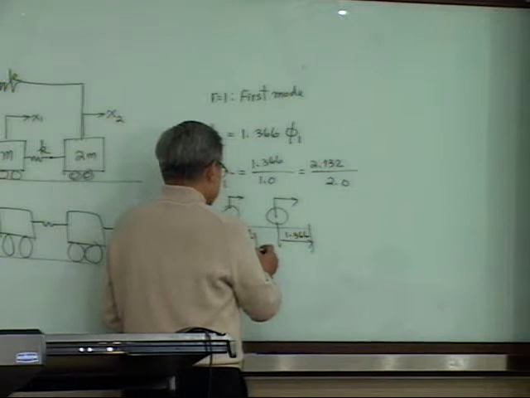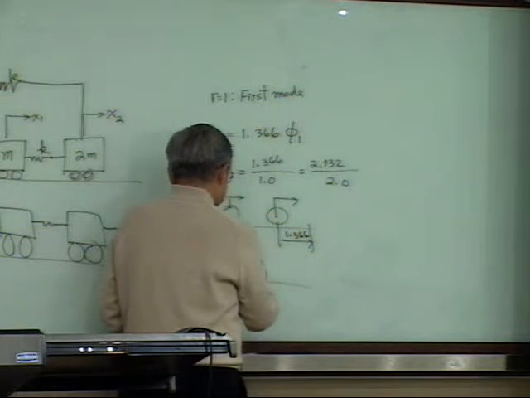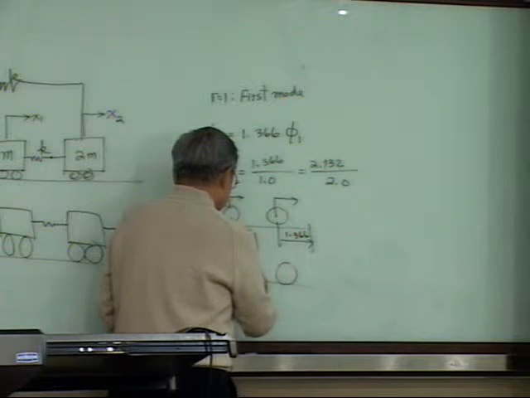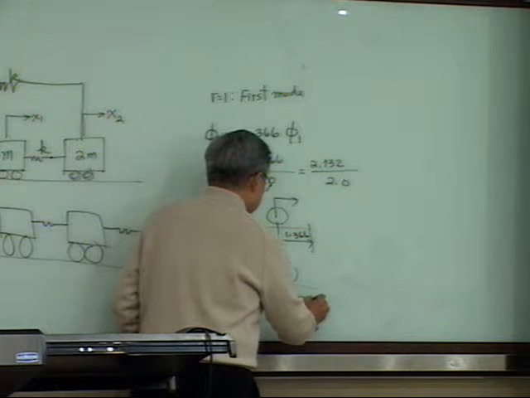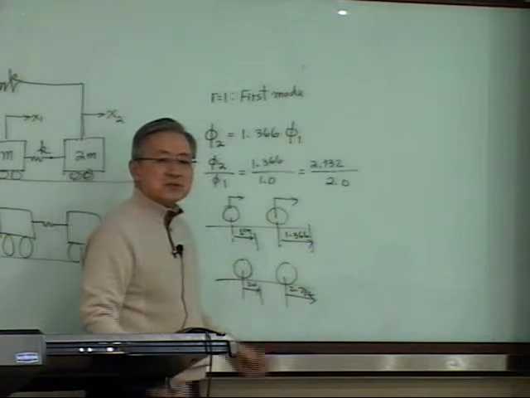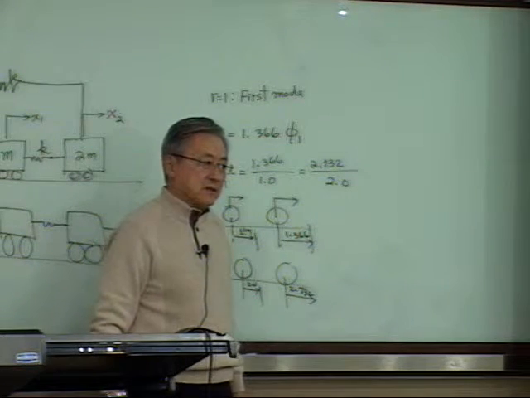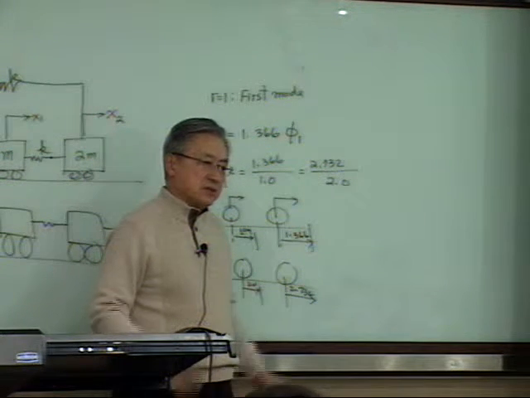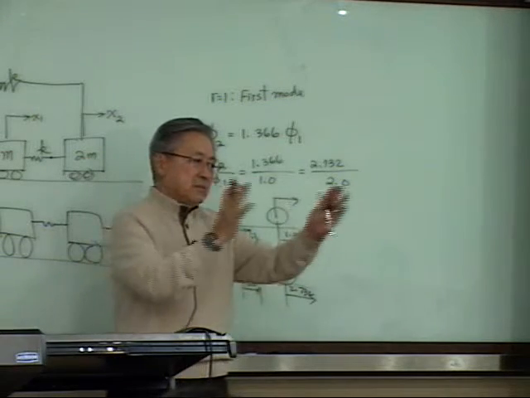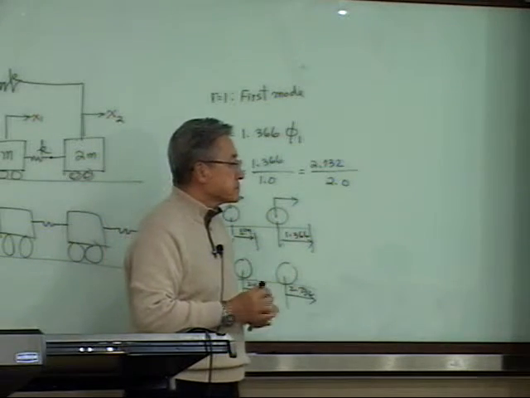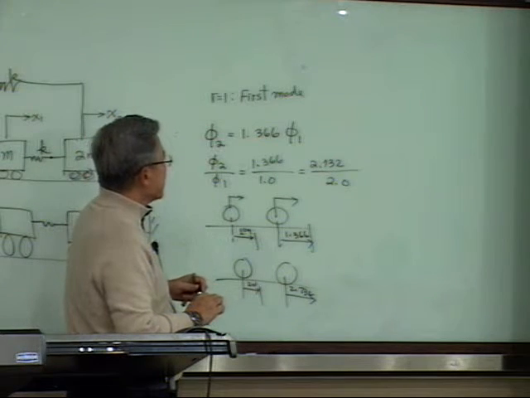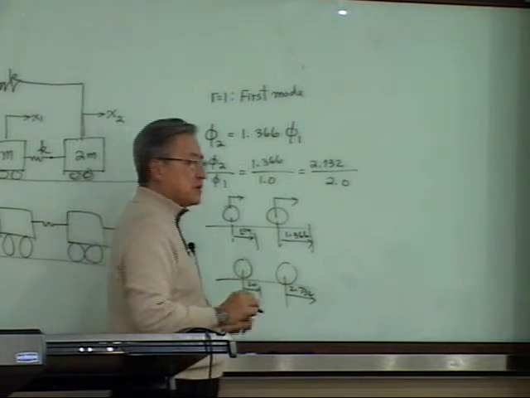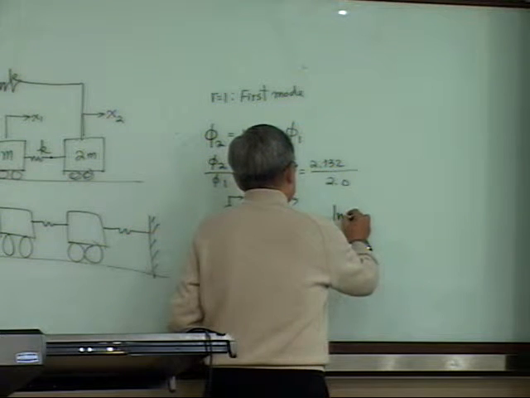So if I write the mode shape here, if this one moves 2.0, this one will move 2.732. The ratio is important, not the actual value. That's what the mode shape is. So it's relative motions. This is for the first mode, which is called the in-phase mode.